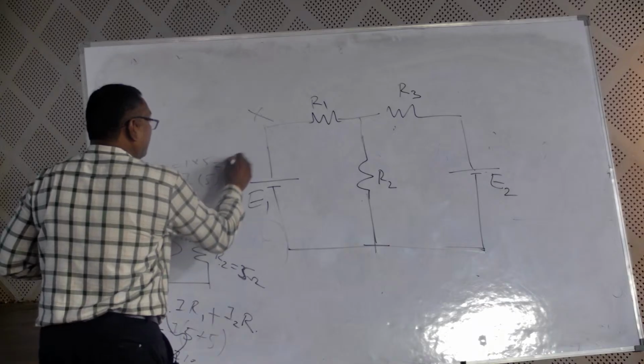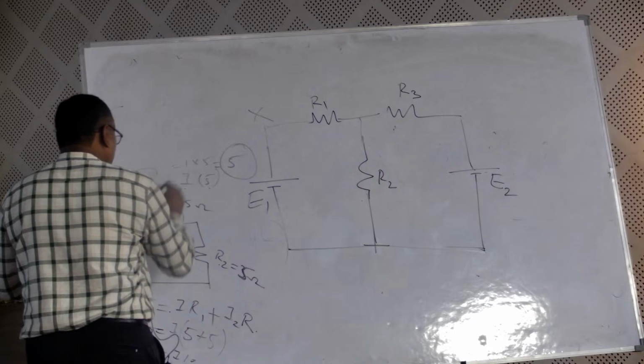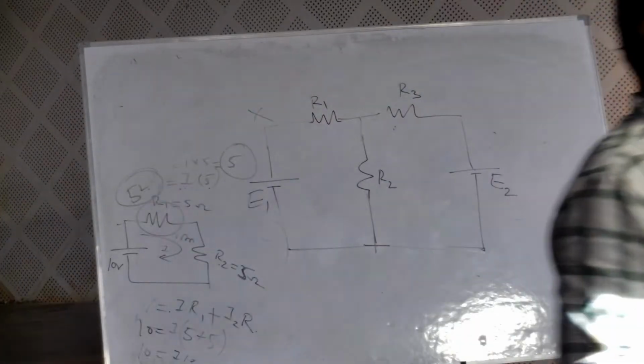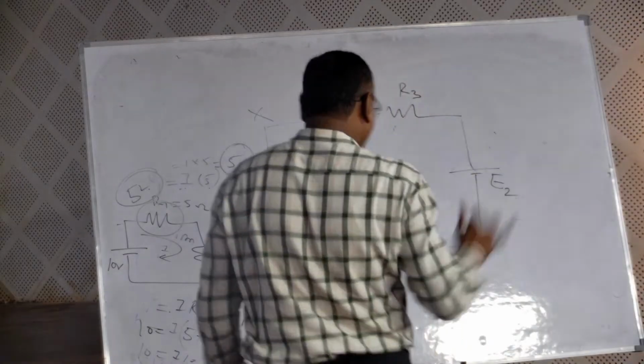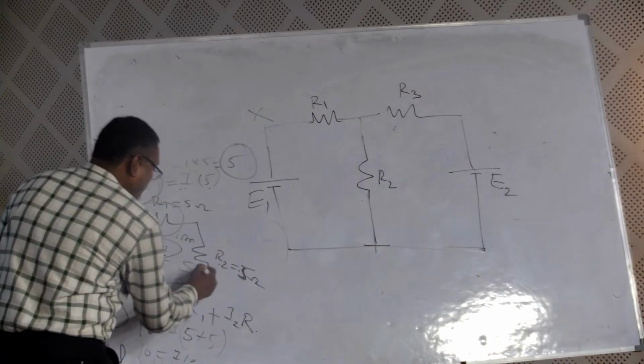What is the voltage drop? 5 volts taken by the first bulb to do the useful work so that it will glow. Second bulb, 1 into 5, again 5 volts.